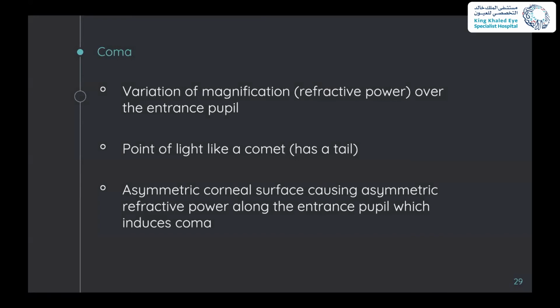Coma is usually the variation of magnification or the variation of refractive power over the pupil. This will lead to the formation of a comet, or in other words, a tail. So whenever we have an asymmetrical corneal surface caused by a different power along the pupil entrance, it will induce a coma.